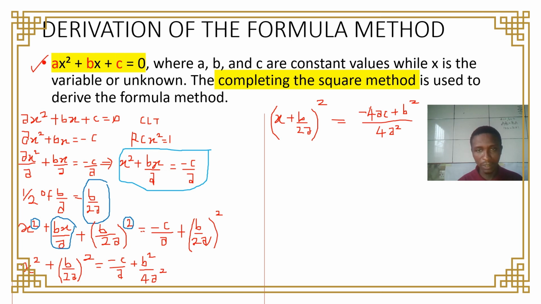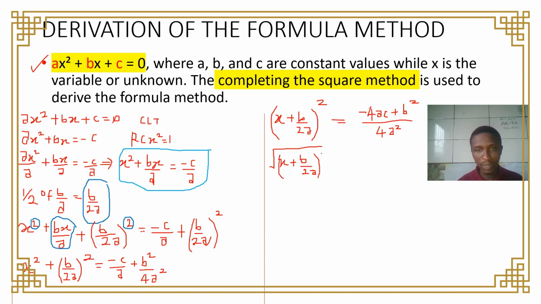Then the next thing is to take the square root of both sides. When you take the square root of both sides, the square will be eliminated at the left hand side. X plus b over 2a is all squared.